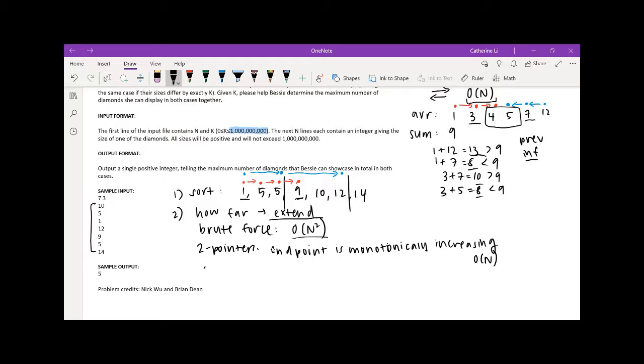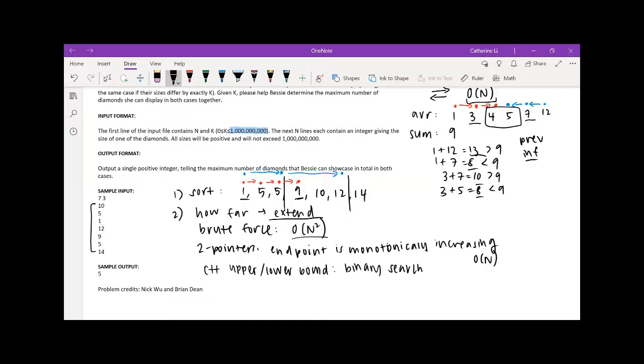As a side note, there's another way to do this that doesn't use 2 pointers, and that's in C++ equivalent to upper or lower bound. If you don't know what these are, they're basically just binary search operations where you can find where a certain number appears, or where the numbers become at least some number.